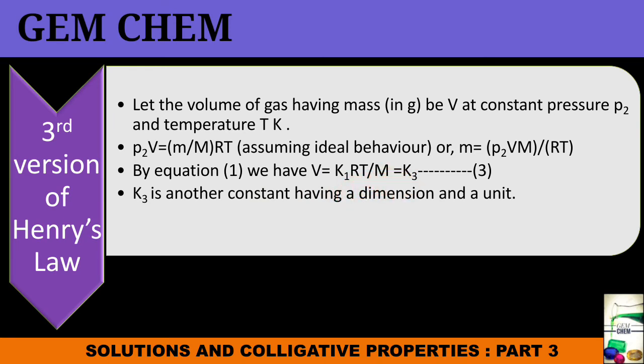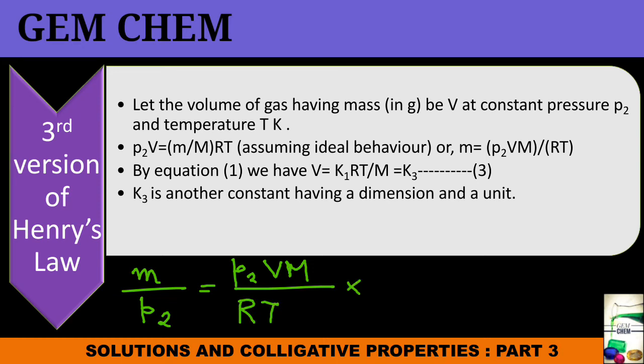And from the equation 1 we can write it like this: V equals K1 RT by M equals K3. So see this one, we have from equation 1 M by P2, and here the value of M comes to be P2 Vm by RT into 1 by P2, right? And this P2 and this P2 get cancelled.